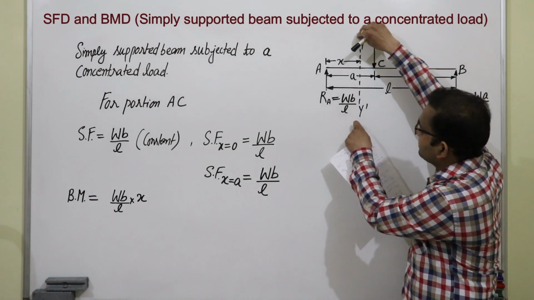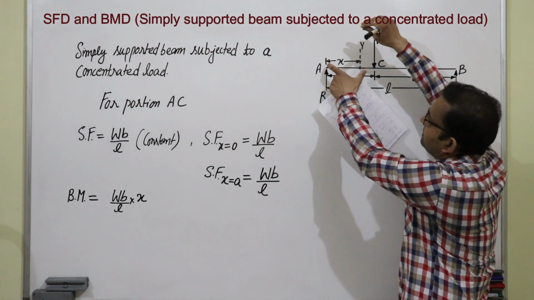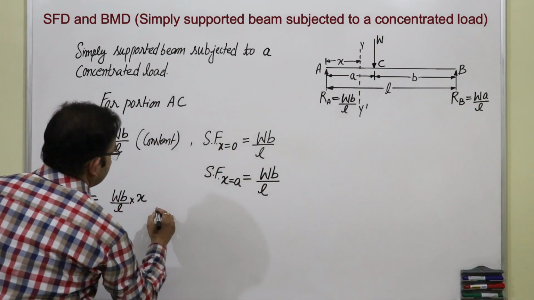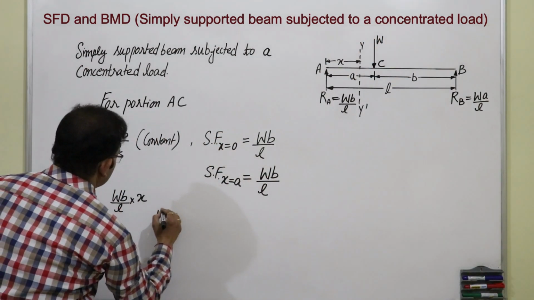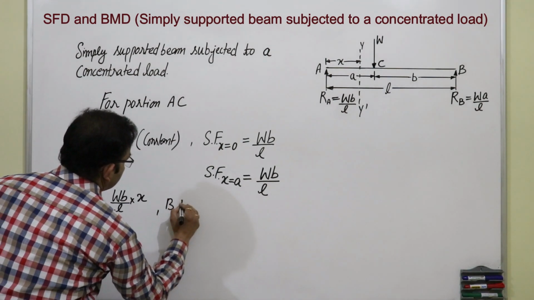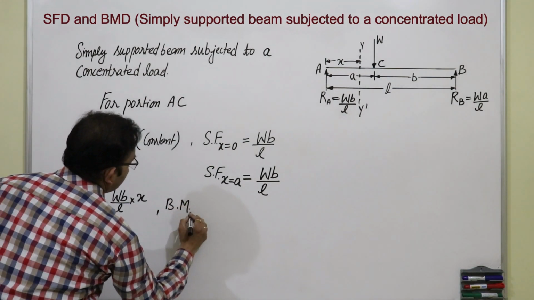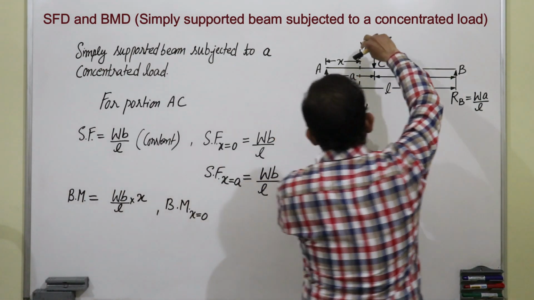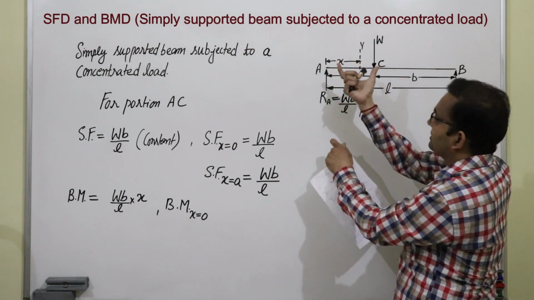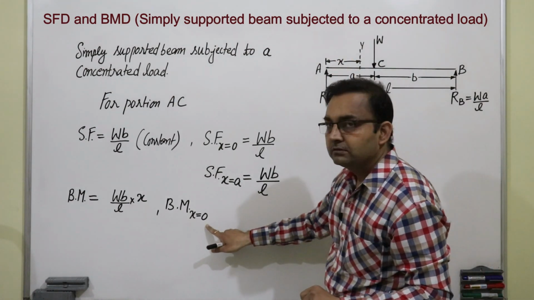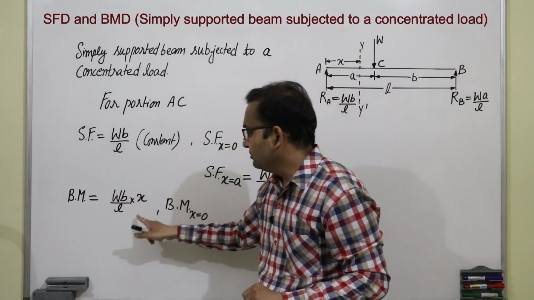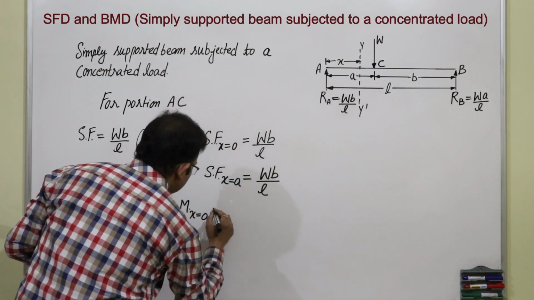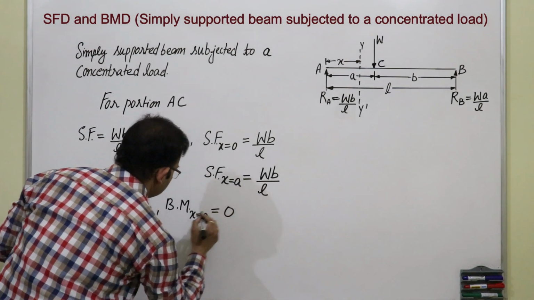If this section comes to this side, x will reduce. So, bending moment at x equal to 0: this is the general equation, put x equal to 0 in it. So, bending moment is 0.